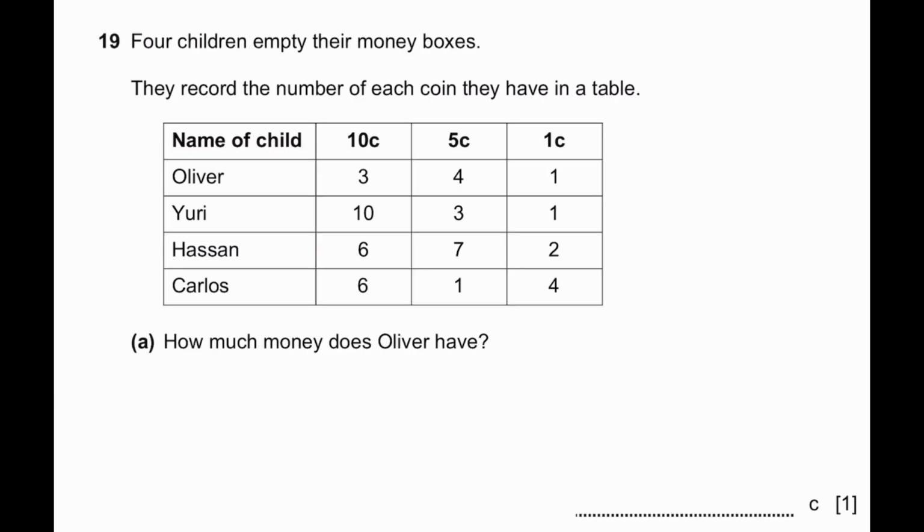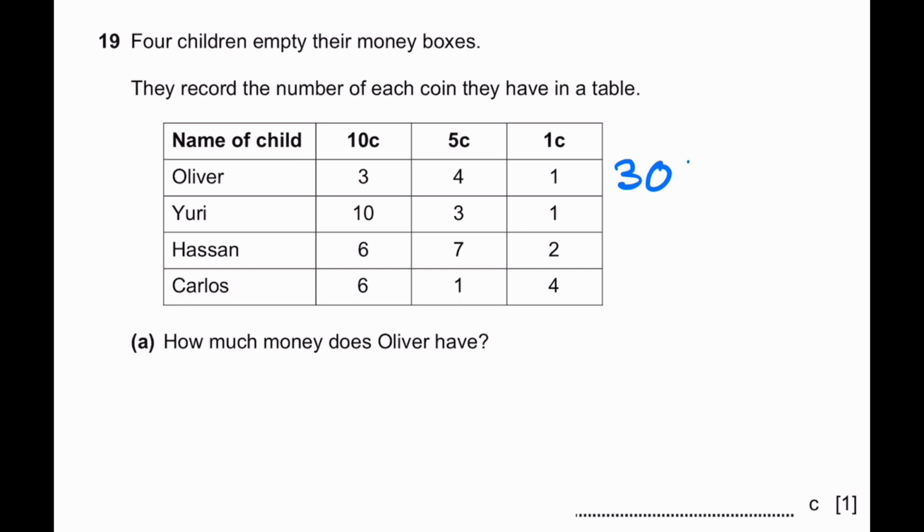Question 19. 4 children empty their money boxes. They record the number of each coin they have in a table. So first we'll add up the money, how much money they have. Oliver, 3 10-cent coins is 30 cents.